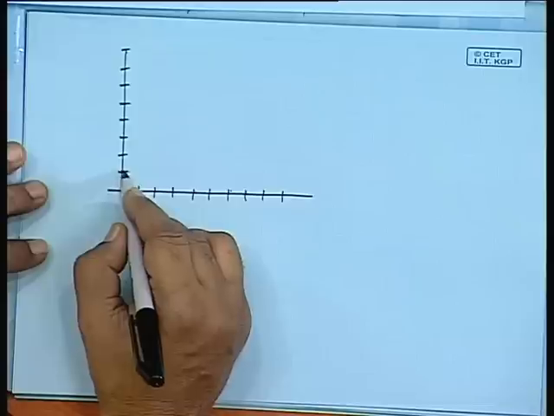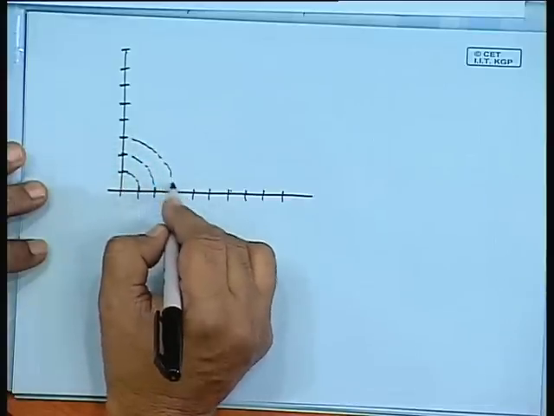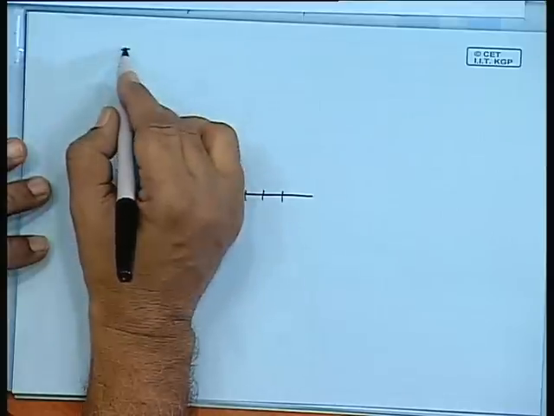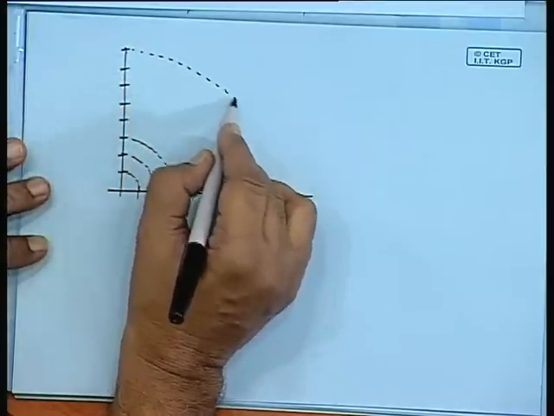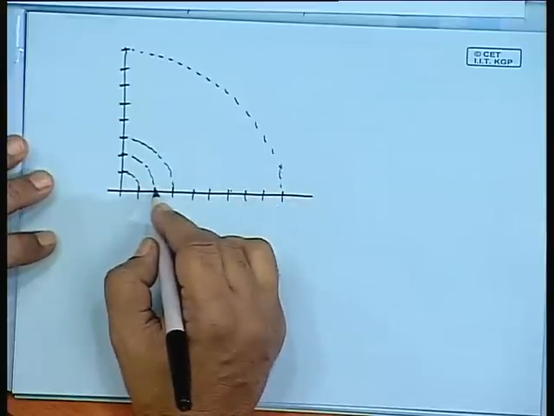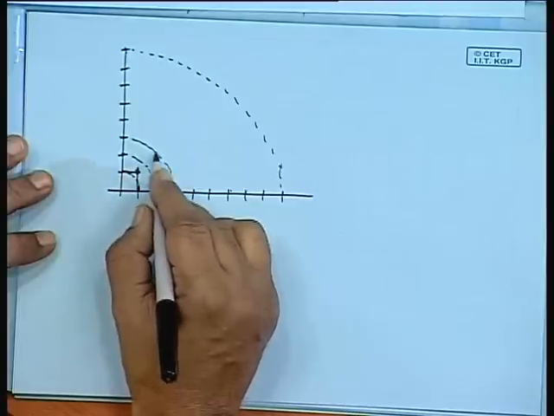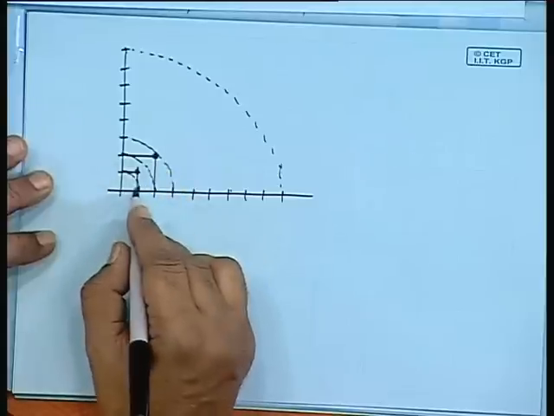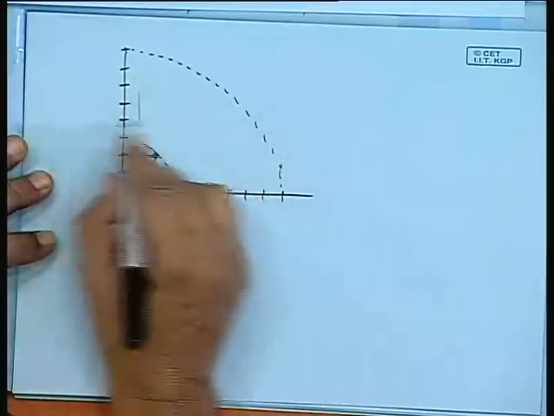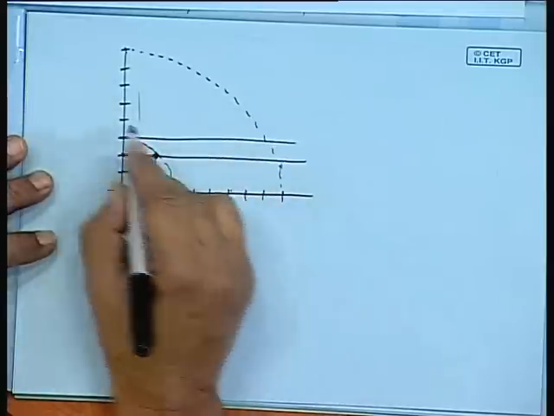If you draw circles, actually you need not draw all the circles, you will find these are the grid positions, is it not? R cosine theta can take only these possible values. Similarly, R sin theta can take only these possible values. So, it will be just a straight grid.